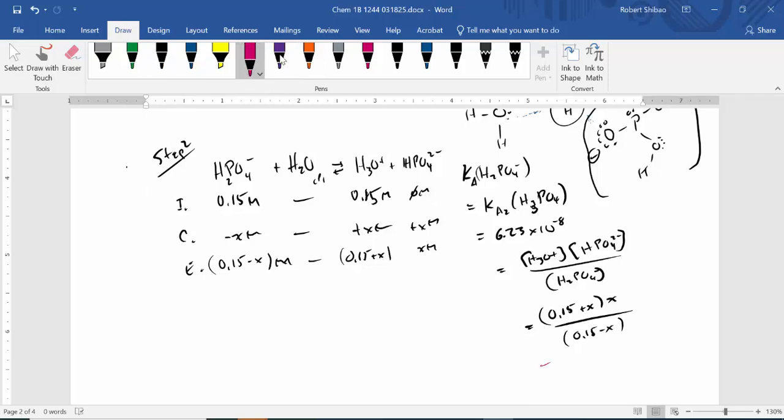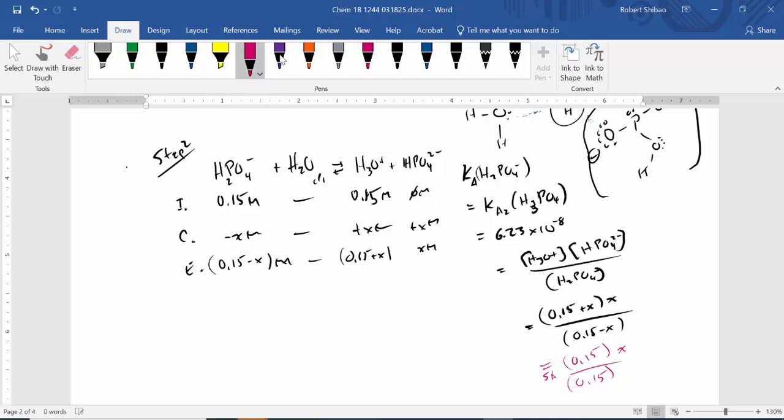I'm not going to debate the simplifying assumption. I'm just going to go ahead and apply it. Hope it works. So 0.15 plus X will just be 0.15, and 0.15 minus X will just be 0.15. And we're just assuming that X is negligible.